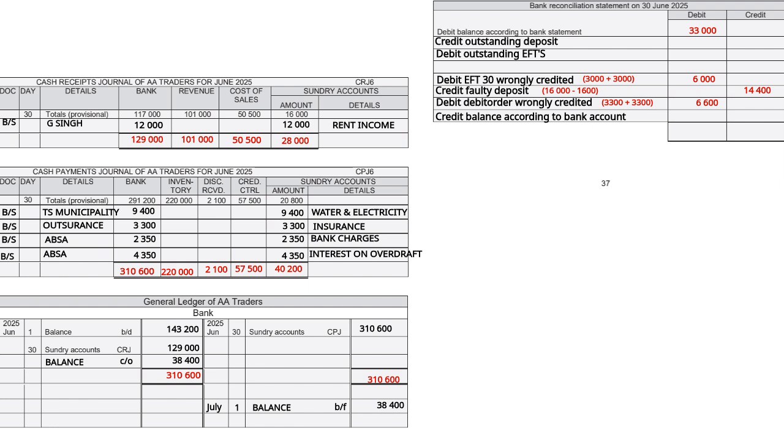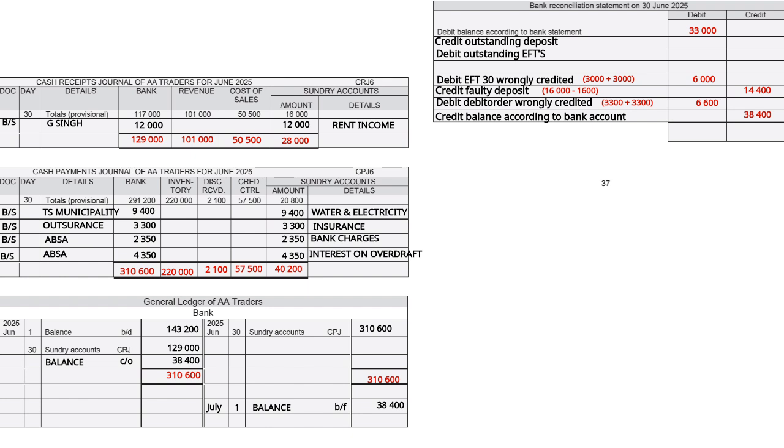So that is the amount that we are now going to transfer to our bank reconciliation statement. We're going to say credit balance according to bank account, and in the credit column we are going to put 38,400 Rand. The last step now is to complete our bank reconciliation statement.